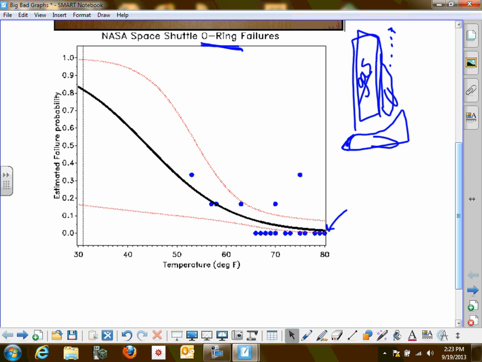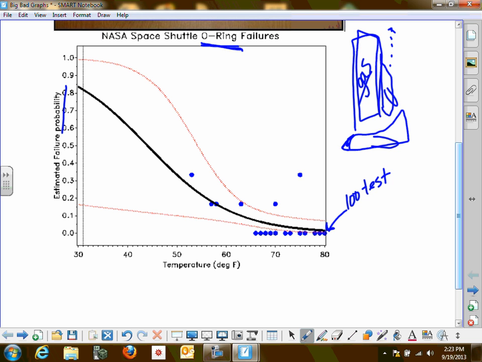So this data was available to the scientists before that event, and they just had not put it all together in this fashion. Here's a chart. Each one of these little dots is like 100 tests of the O-ring. And then this is the probability of failure.